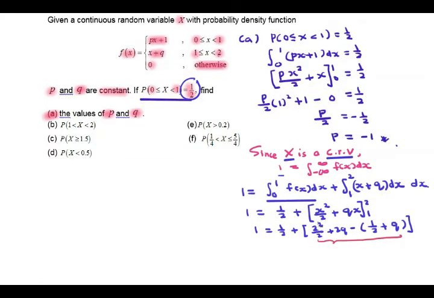Simplify this part. 2 squared over 2 is equal to 2. 2 minus half is equal to 3 over 2. 2q minus q is equal to q. So half plus 3 over 2 is equal to 2, plus q is equal to 1. So q also equals negative 1.